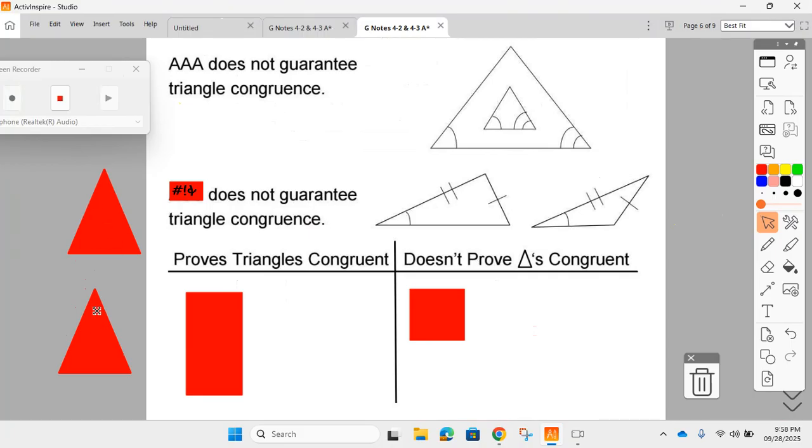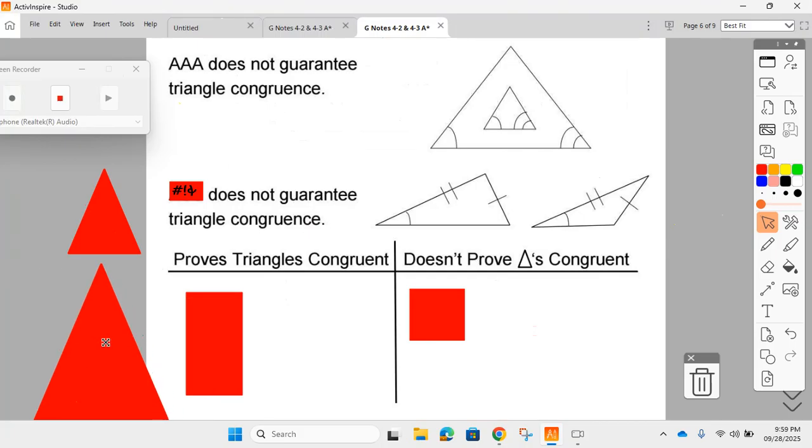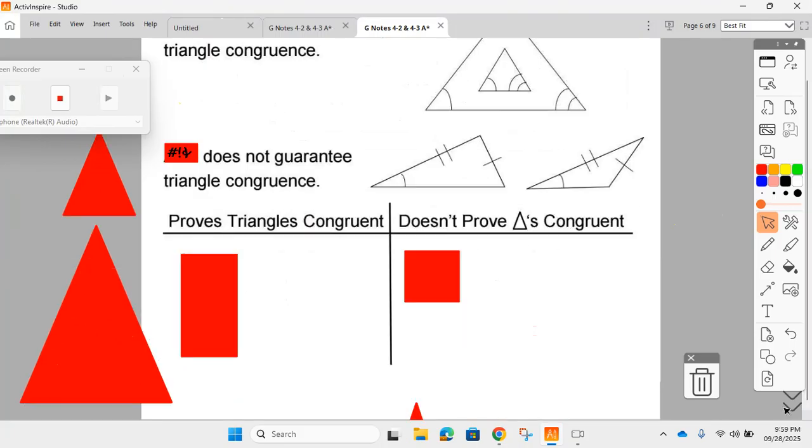So these two triangles we can see are exactly the same size, right? So that means all three angles are congruent and all three sides are congruent. But using one of these little corner drag tools, I can create a much bigger triangle that is proportional to the other.